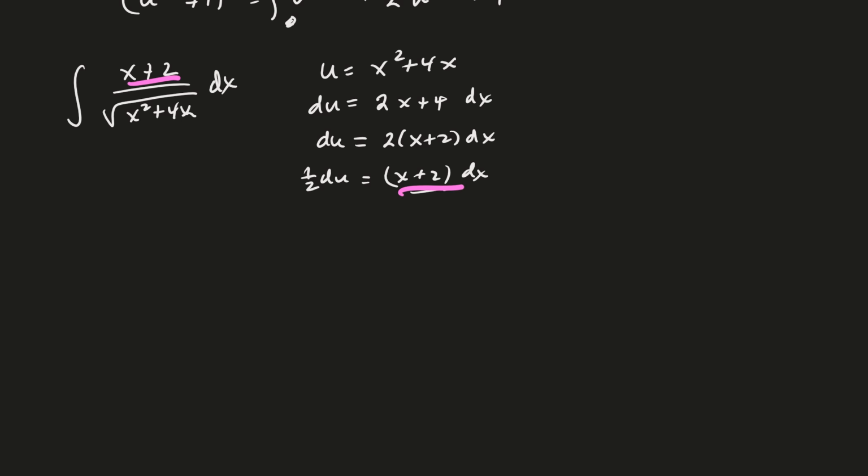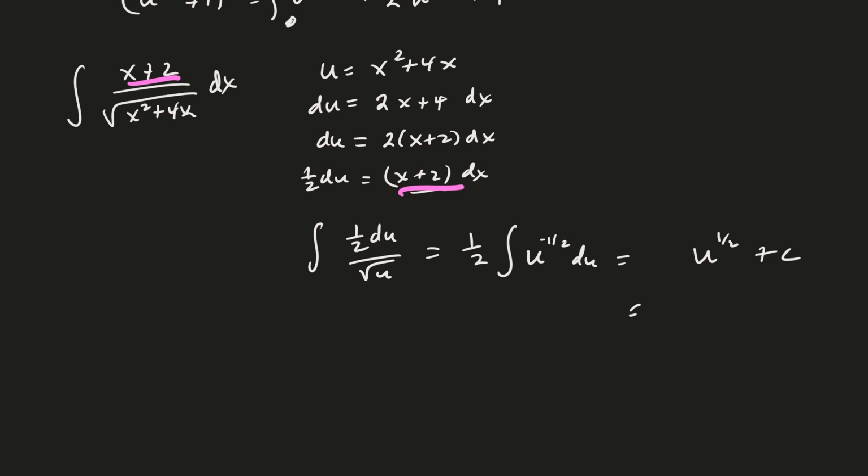And so therefore now I can go ahead and make my substitution: 1/2 du over the square root of u. So I would rewrite that. Minus 1/2. I did that error before, didn't I? So let's see, that would be u to the 1/2 power times 2, but then I have times 1/2, oh, hey, that's easy. So that's the square root of x squared plus 4x plus c. There you go.